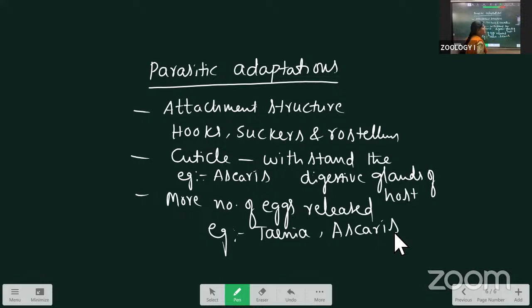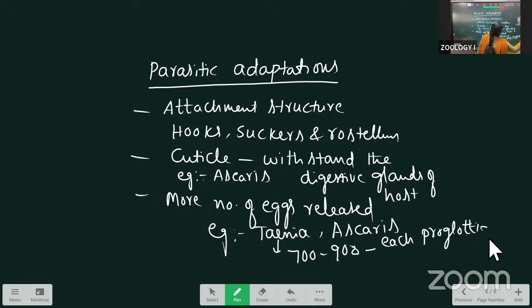We discussed that Ascaris releases 2 lakh eggs. Taenia has 700 to 900 proglottids present, and each proglottid contains 3500 eggs. Imagine how many eggs are released by this one. Clear? That's why they release a number of eggs, and the life cycles are more complicated.